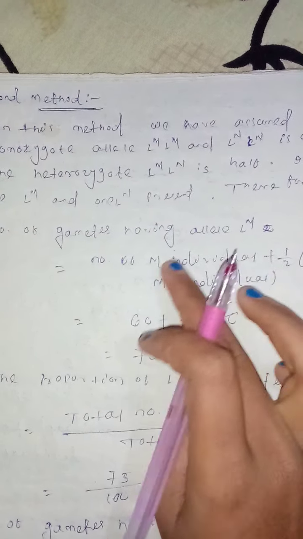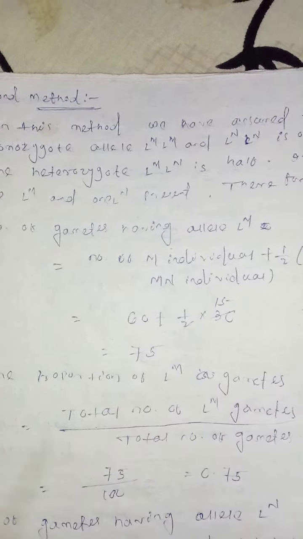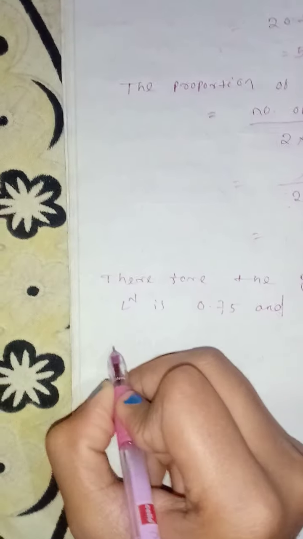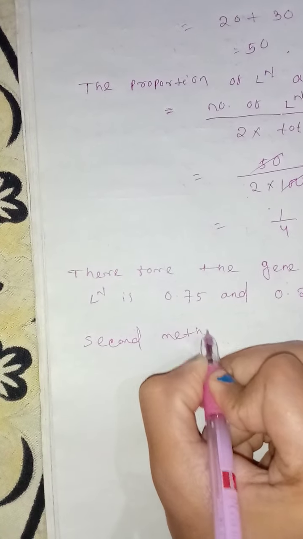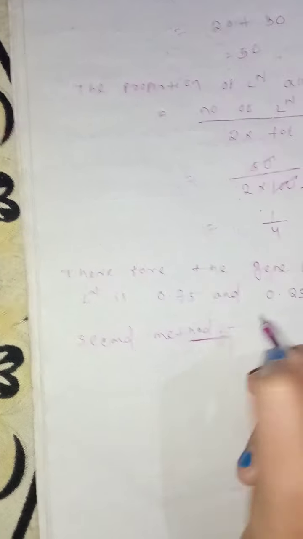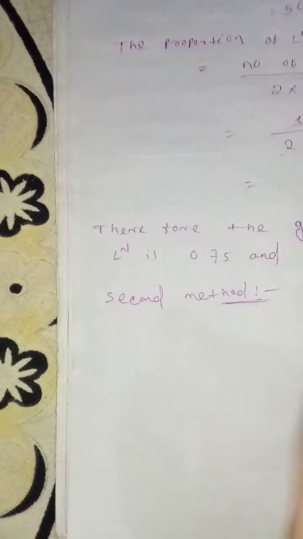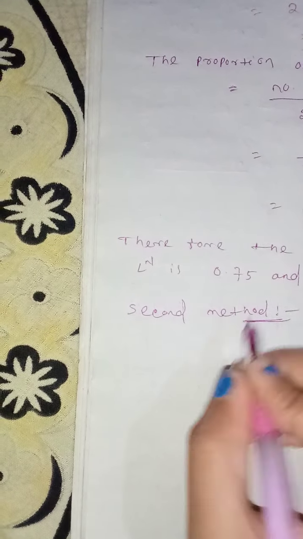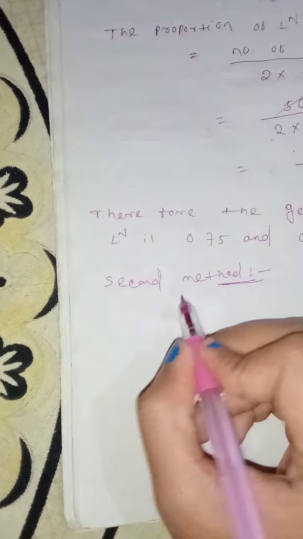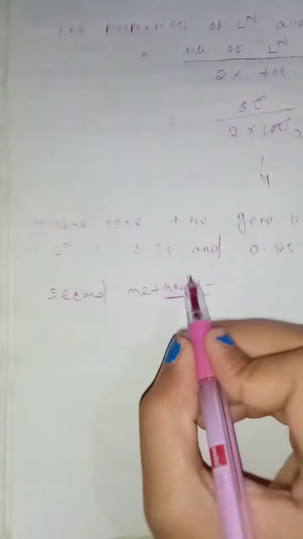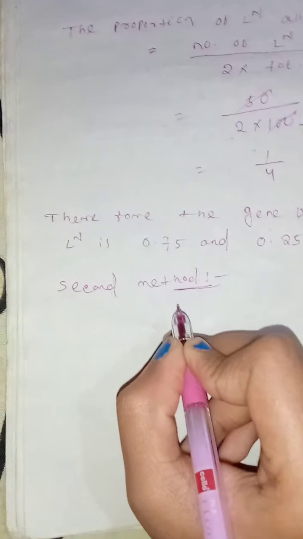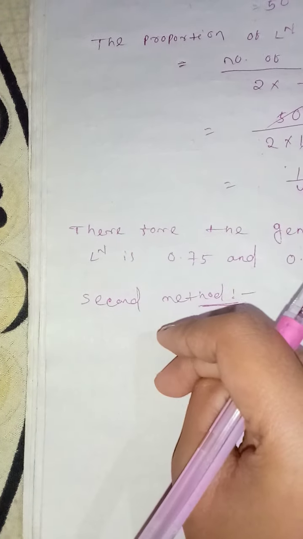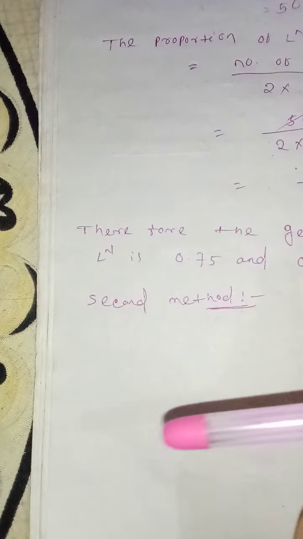This is the mathematical derivation. I already told you that in MN blood group of human, the 2 homozygous are present and 1 heterozygous is present.